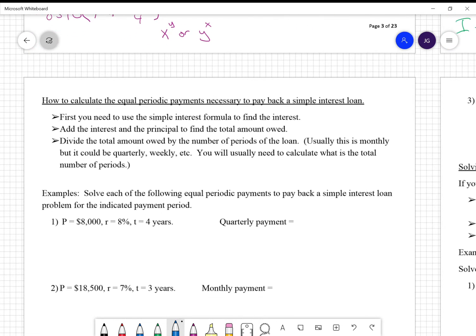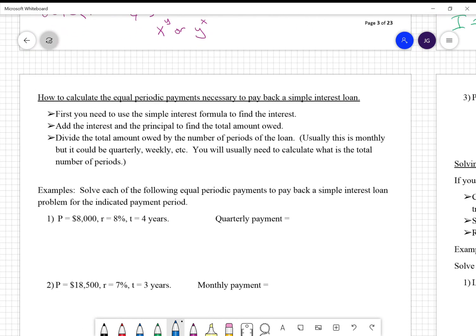All right. How to calculate the equal periodic payment necessary to pay back a simple interest loan. So we're going back to simple interest loan. And we're looking at, okay, if I'm going to pay it monthly, how much do I owe each month? Or pay it weekly, how much do I owe each week? Okay.